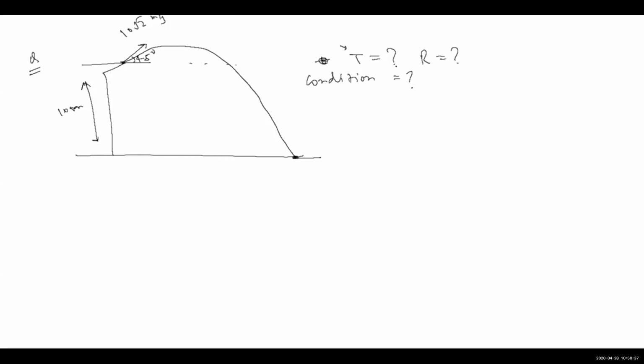Listen, the formula will not work. That answer 2 seconds is not the answer. You have got 2 seconds using the formula. The formula cannot be applied here because this is a generic question. This is the point of projection and this is the point of landing.